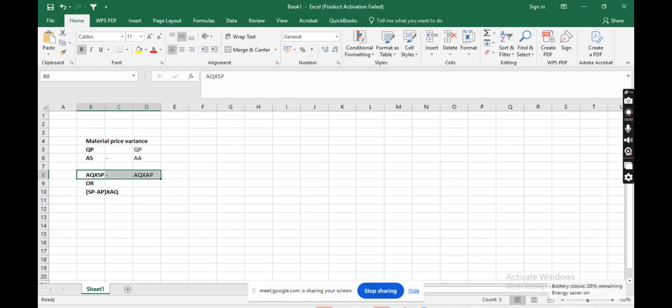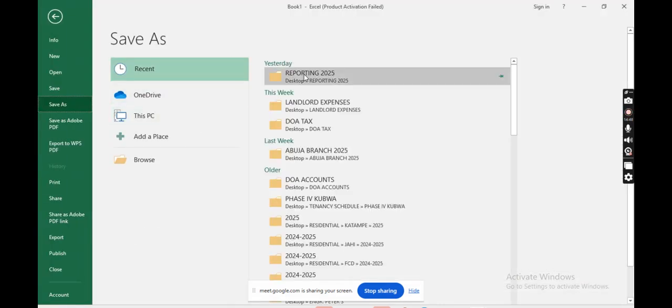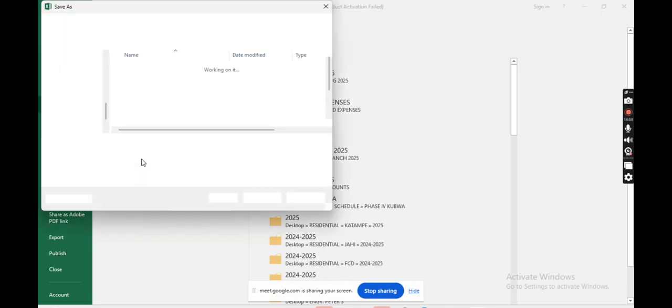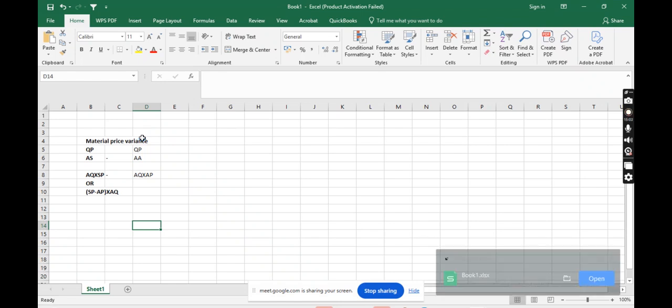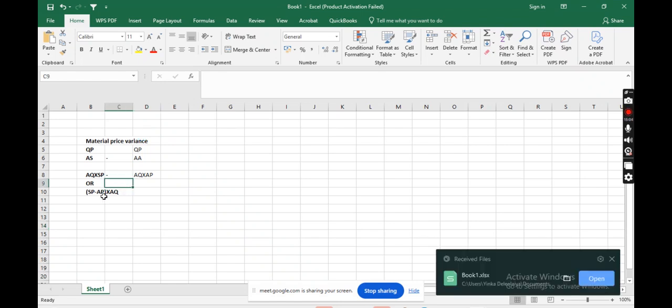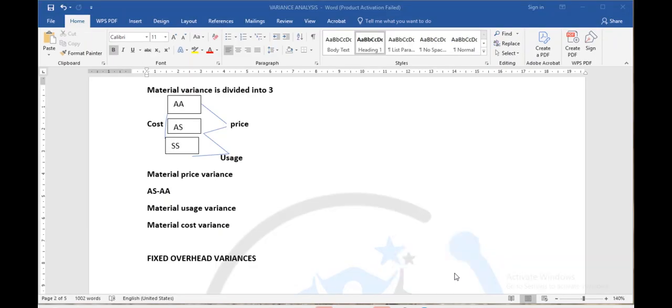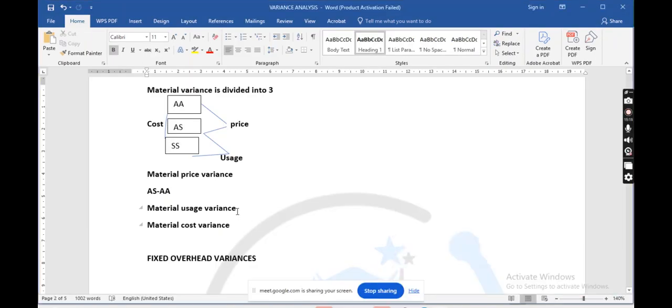Now, class, if this is established, we can move forward to the material usage variance.